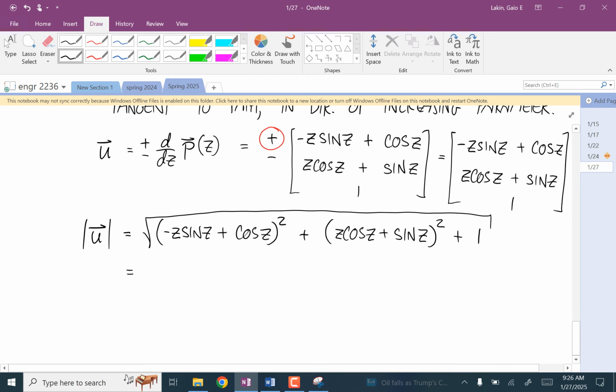I'm not going to spend a lot of time simplifying this, but this actually might simplify a little bit. There's one important trig identity that can be helpful in this case when you have sines and cosines. So let's see, what do we have?